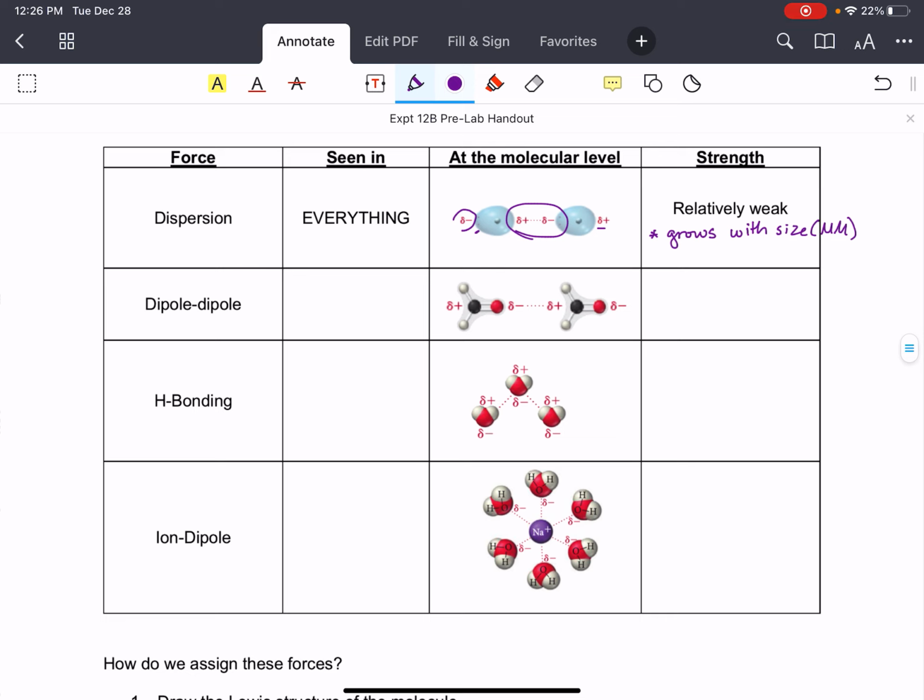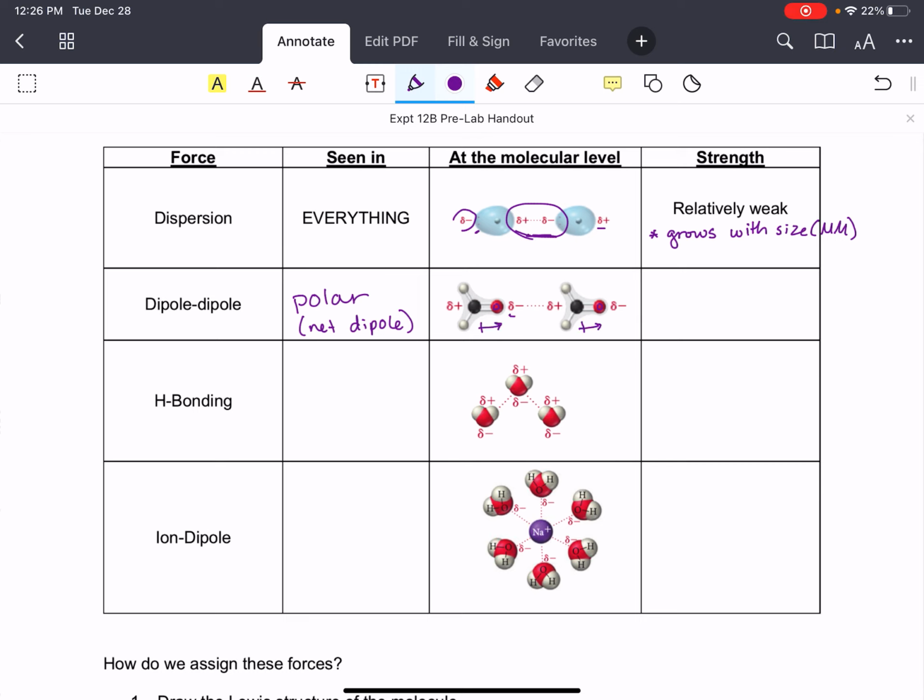What about a dipole-dipole force? This happens when we have polar molecules that have a net dipole. This means the molecule doesn't just sometimes have a temporary partial positive or partial negative, it happens all the time. This is especially true when we have electronegative elements such as oxygen in a molecule, and we have a net dipole towards those oxygens.